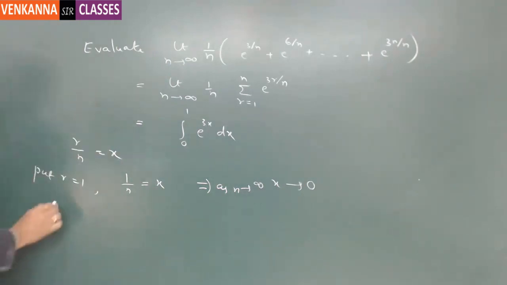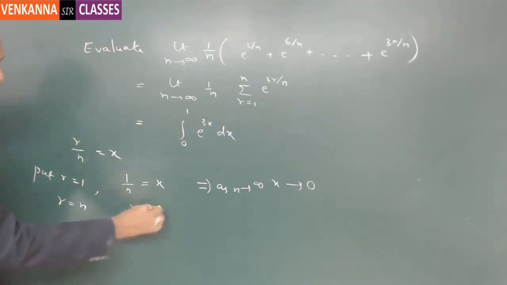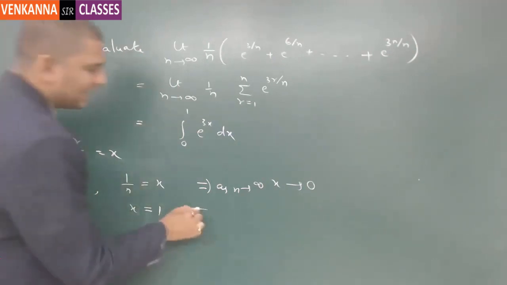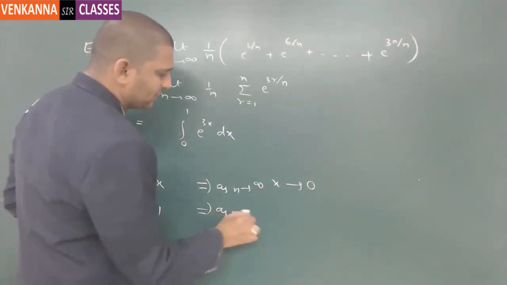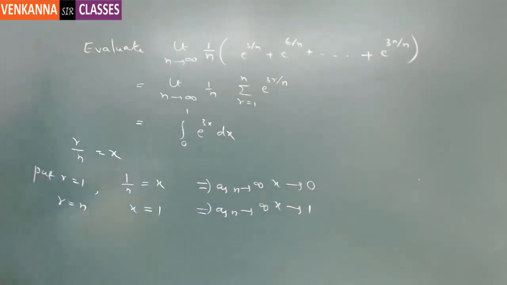Similarly, r by n takes the value n, so you will have x is equal to 1. So as n tends to infinity, x tends to 1. So limit and sigma will be replaced as integral 0 to 1 here. r by n is taken as x and 1 by n is nothing but dx. Okay? Is it clear to you?